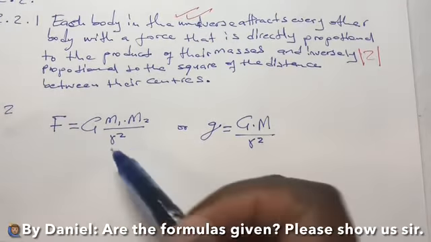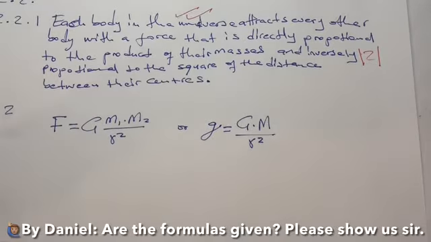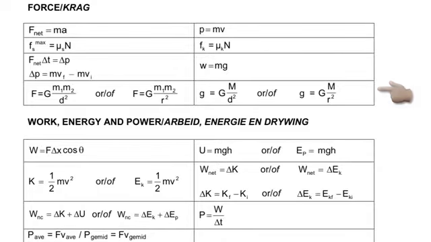Remember, this is r squared. Sorry about that. I'm sure you are able to see these formulas on the formula sheet. Let me check if I've copied them correctly. F equals G m1 m2 over r squared, g equals G m over r squared.